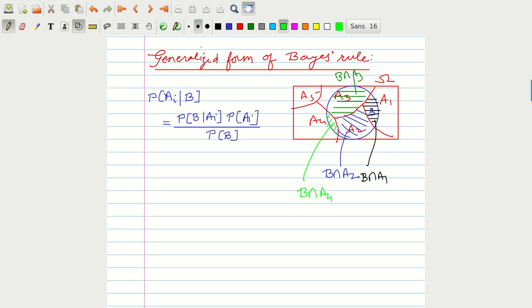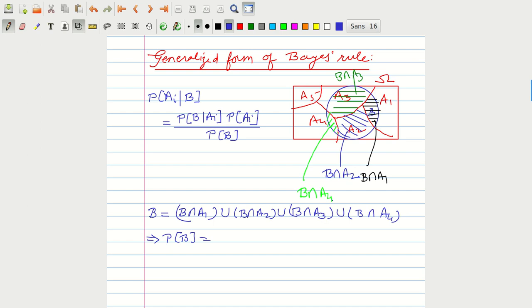That means the event B can be written as the union of four mutually exclusive events, B intersection A1 union B intersection A2 union B intersection A3 union B intersection A4, and the probability of B then can be computed as the probability of this whole.